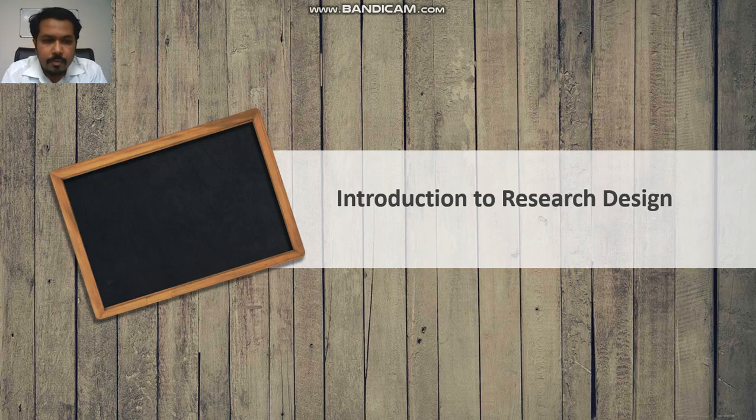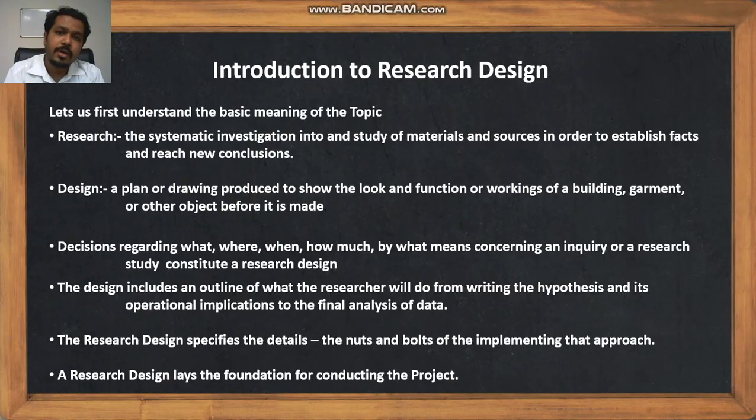Now, the first and foremost thing to be understood by all of us is what research design is. I have always been teaching students one simple concept: when a word becomes too difficult to understand, you are supposed to split it into two parts. So if we are talking about research design, we will split it into two parts.